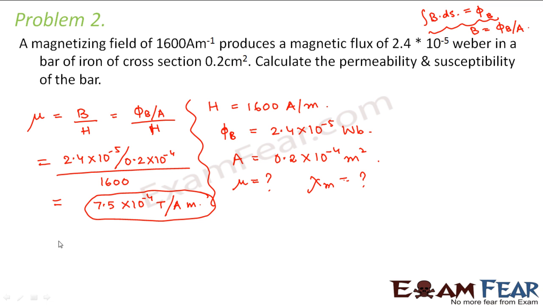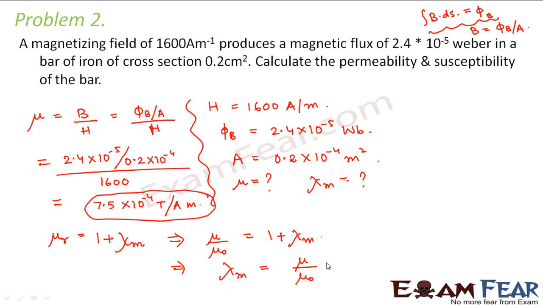Now for susceptibility, we know the relation between relative permeability and susceptibility is mu r is equal to 1 plus chi m. What is mu r? Mu r is nothing but mu divided by mu naught, equal to 1 plus chi m. Therefore chi m, the susceptibility, will be equal to mu divided by mu naught minus 1.